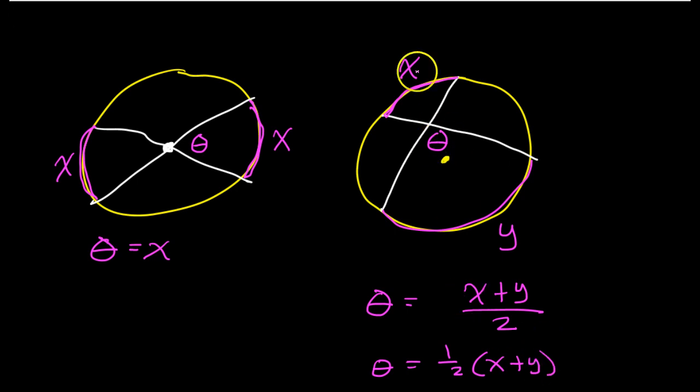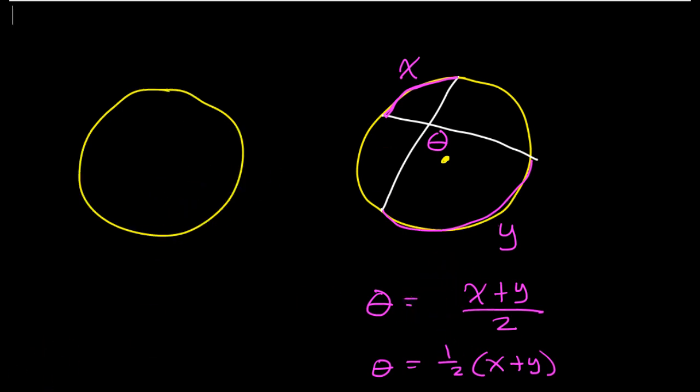So the angle is the average of the arcs in this situation. So notes. You should be writing all of this down. You should have a sheet of paper and all of these examples I'm giving you, write them down. So this is the deal when the angles are inside of the circle.